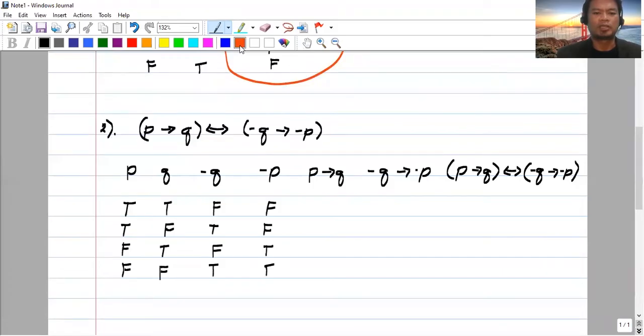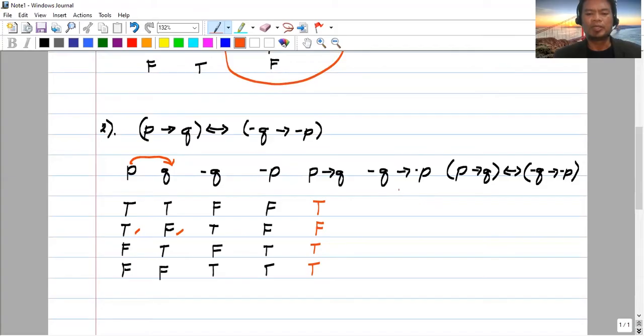So we take P implies Q. So we have here false, and the others are already true. Take note that in the implication or conditional statement, P implies Q is false only when the first proposition is true and the second proposition is false.